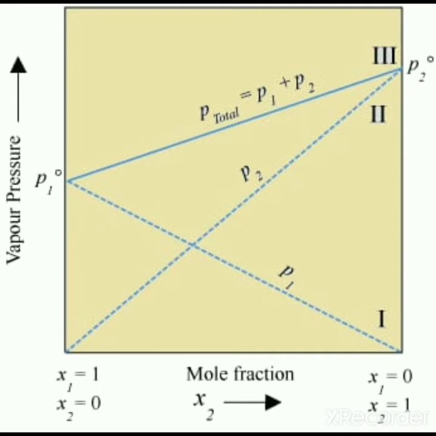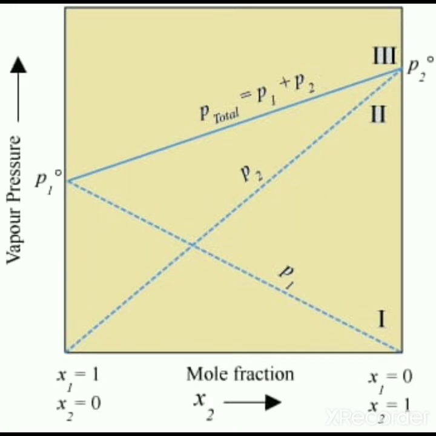Here P2⁰ represents the vapor pressure of the pure component 2. The variation in the vapor pressure of the component 2 is shown along P2. Now what is P total equal to? P1 plus P2.